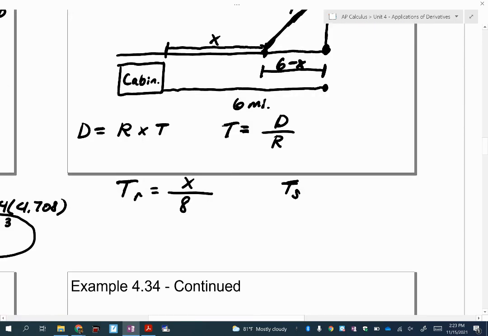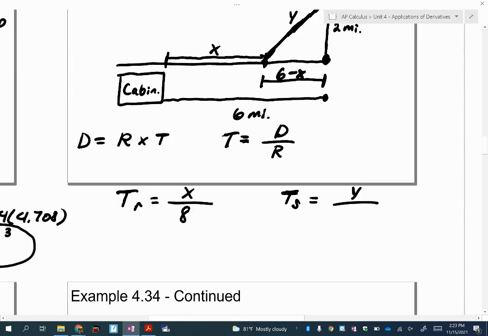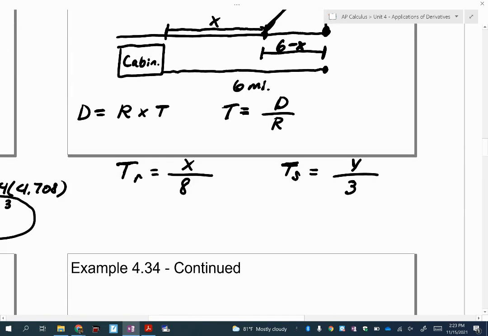And the time it takes to swim is y, the distance the visitor swims, divided by the rate of 3 miles per hour. So my total time is x over 8, the time in terms of running, plus y over 3, the time in terms of swimming. So that right there is excellent. That gives us the equation that we're trying to minimize.